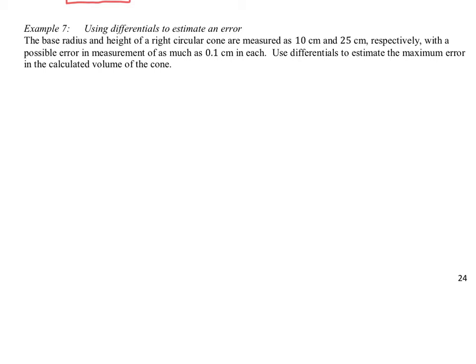Don't know if you have it memorized, but the volume is 1/3 pi r squared h. So this is just an equation V of two variables, r and h. We're going to essentially have to figure out what is the differential dV.